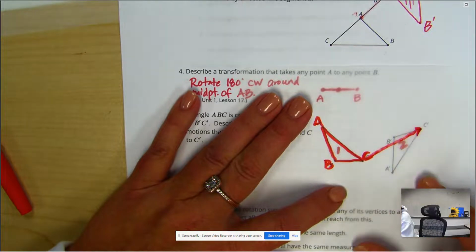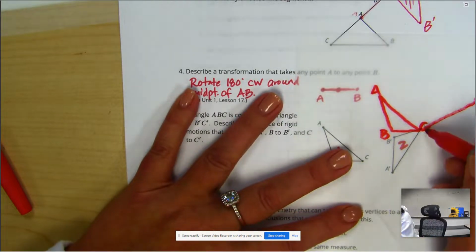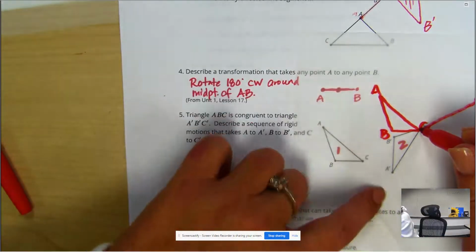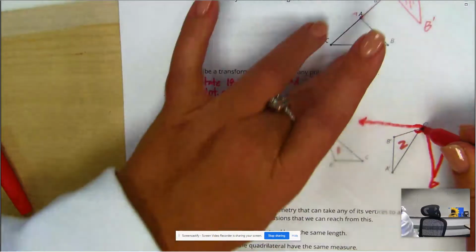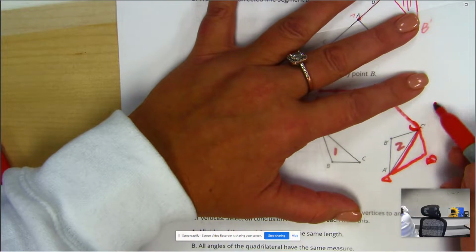So translate along directed line segment CC prime. Then rotate clockwise until A hits A prime. Then reflect across line AC.